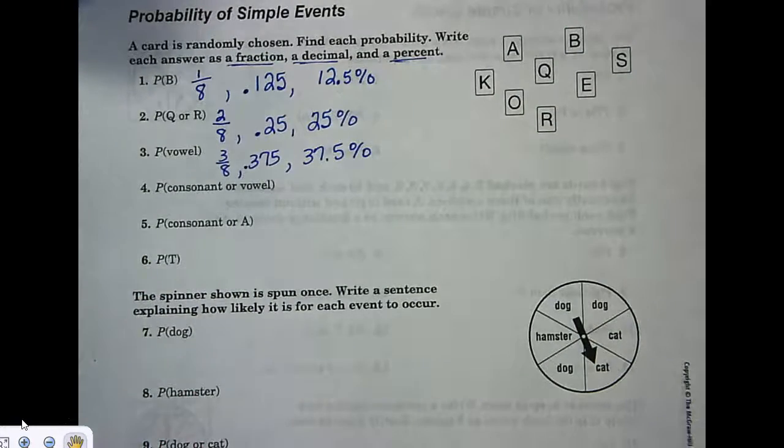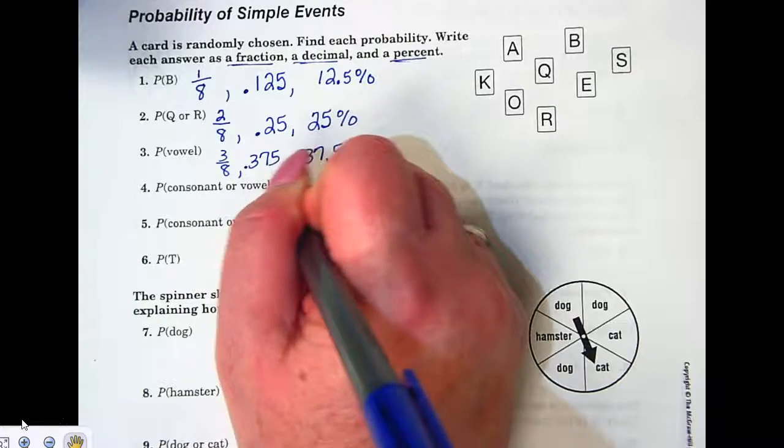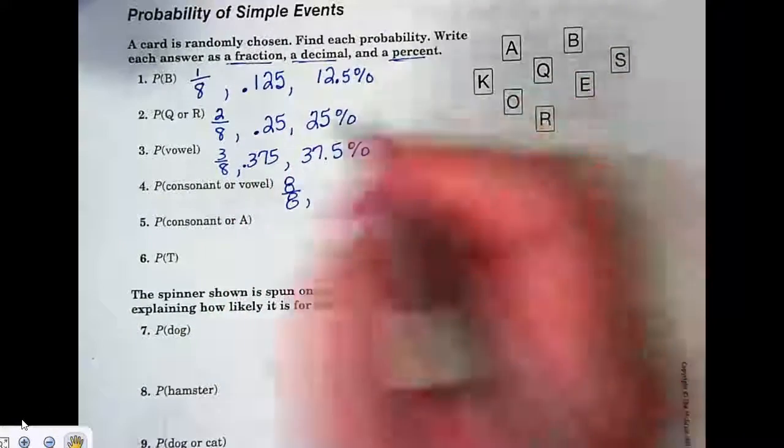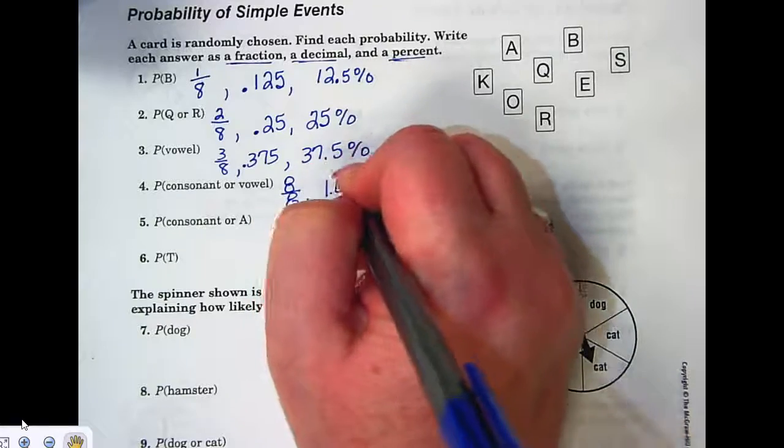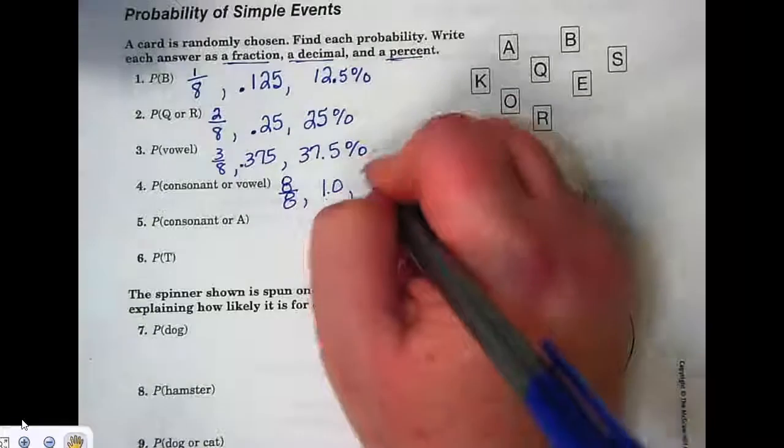That's what that means. What's the probability that you will choose a consonant or a vowel? 8 out of 8. All of them are either a consonant or a vowel, which is 1.0, and that is 100%.